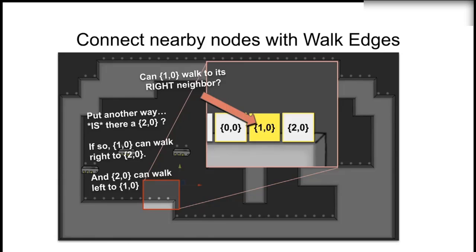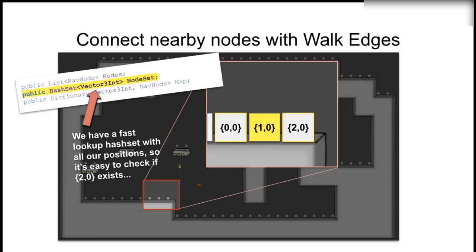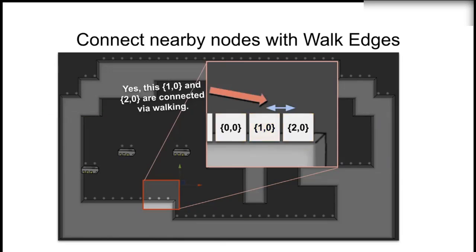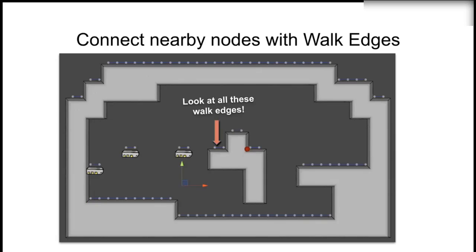If there is, then I can walk to it. If there's not, then I can't walk to it. That's pretty easy to do because we have a hash set, so we can really just ask, does this exist in the hash set? If so, great. There's a little hiccup here with doors, which I'll get to later. That connects these things, and you run it for every node, and voila. Now all of your nodes are connected with walk edges where it makes sense.